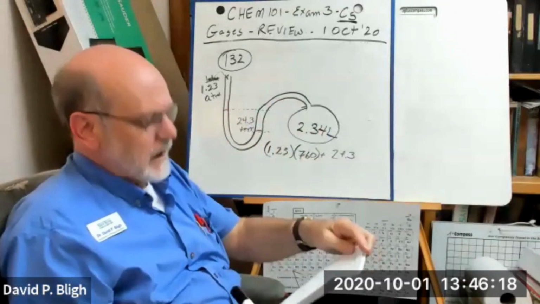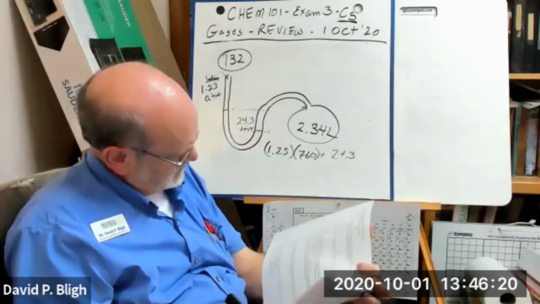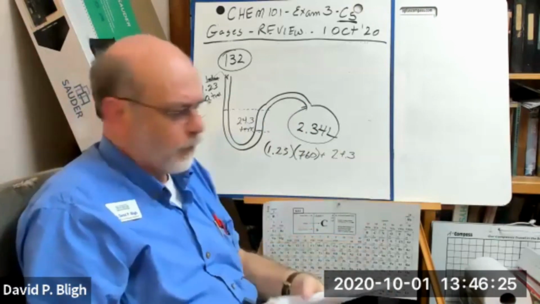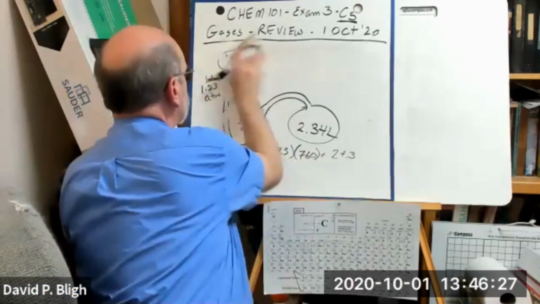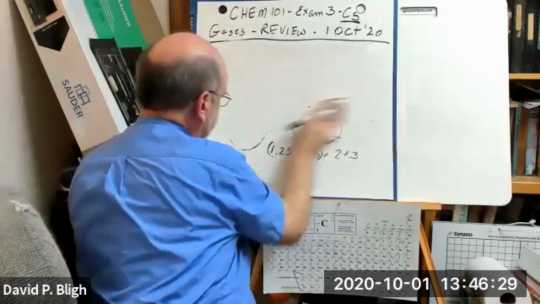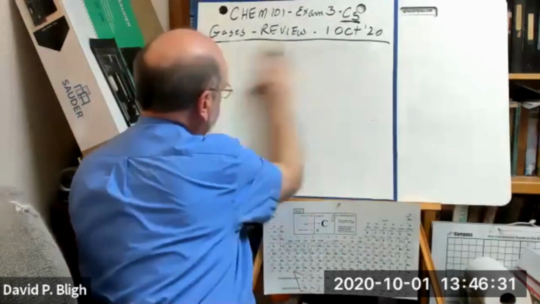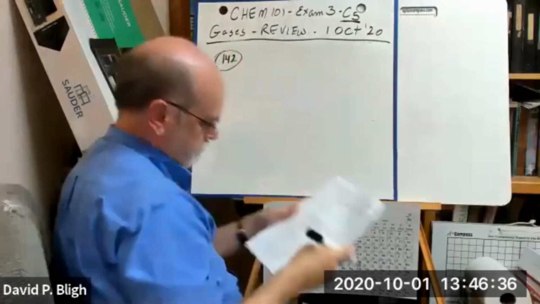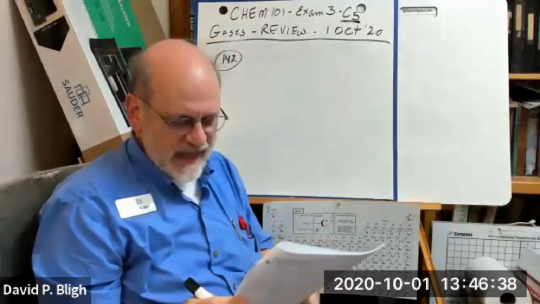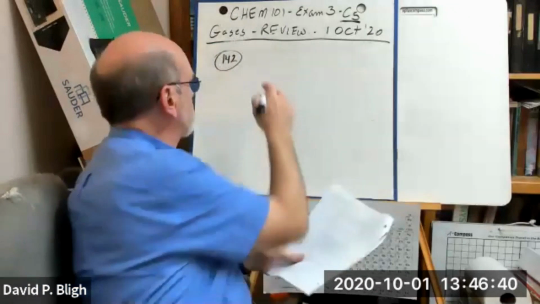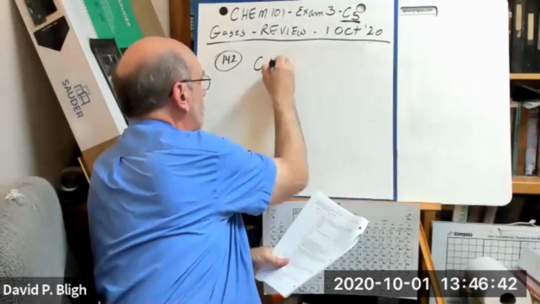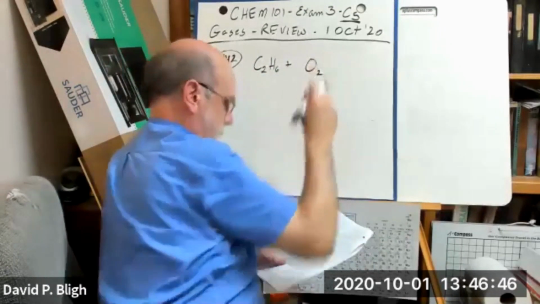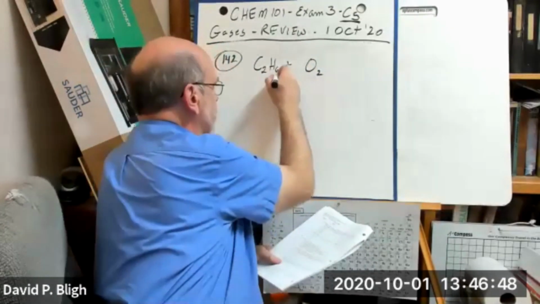Okay, I got one more. All right, one more, 142. Okay. Consider the reaction between ethane, C2H6, and oxygen. These are both gases.